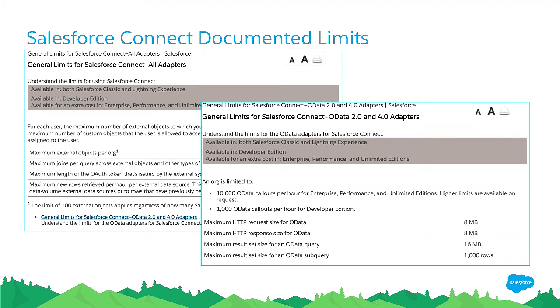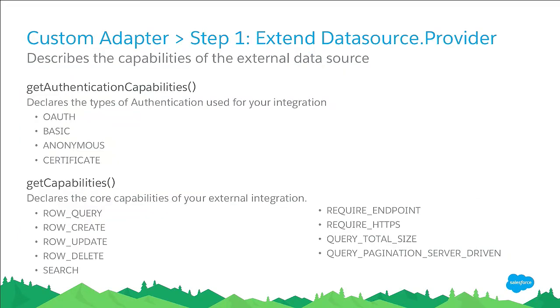So let's dive into some code. First, you need to implement 2 classes. The first one is the Datasource Provider. This is basically your definition of that endpoint. It's saying what its capabilities are. What are the authentication capabilities? Does it support OAuth, basic, anonymous, or certificates, or one or many of those?